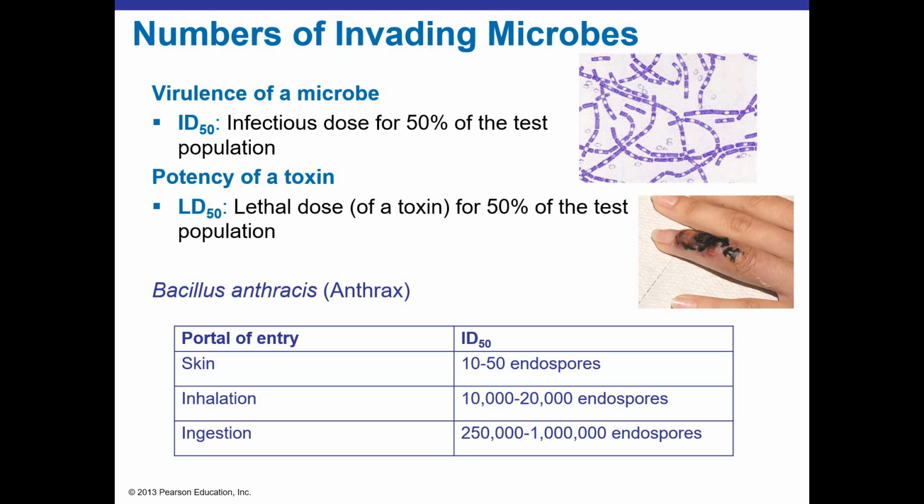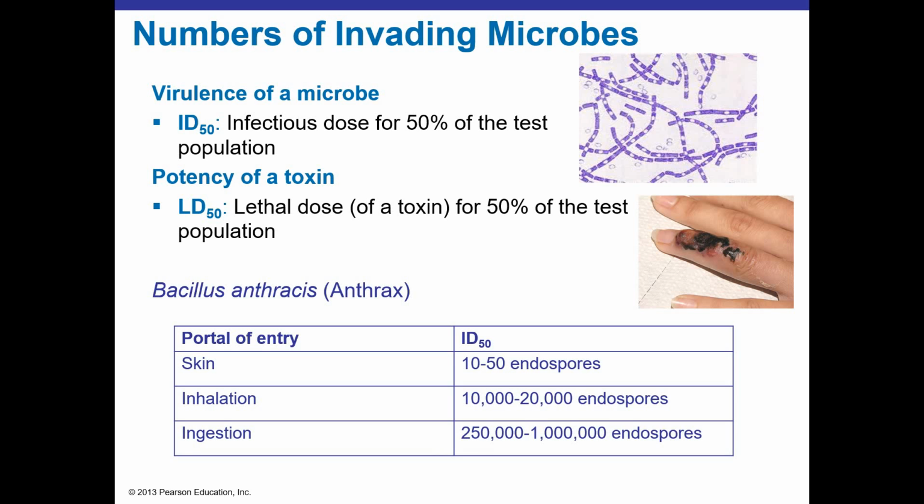The inhalation form is a more serious disease, but takes about 10,000 to 20,000 endospores in order to cause the inhalation form. And the ingestion form needs about 250,000 up to 1 million endospores, where you have to have that high of a dose in order to get the ingestible form. That form is actually almost 100% lethal.